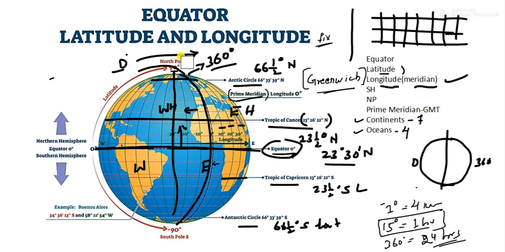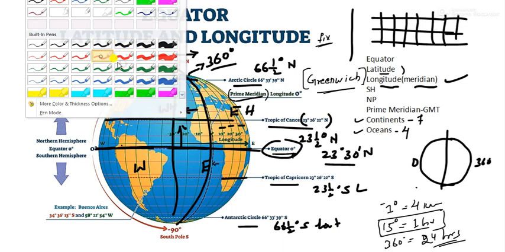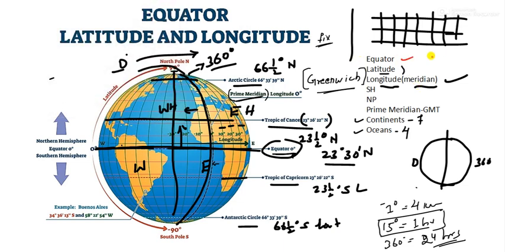Now I hope you have understood all these points. The equator is the horizontal line which separates the earth into two equal parts, the northern hemisphere and the southern hemisphere. Latitudes are the horizontal lines and longitudes are the vertical lines.